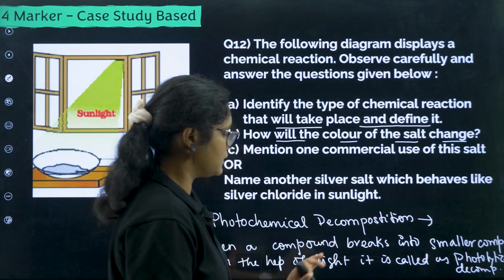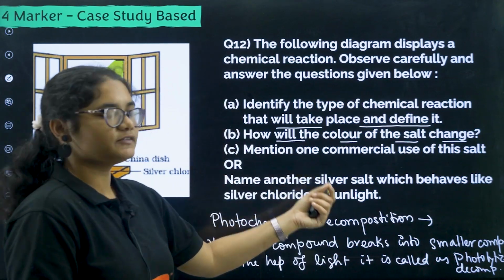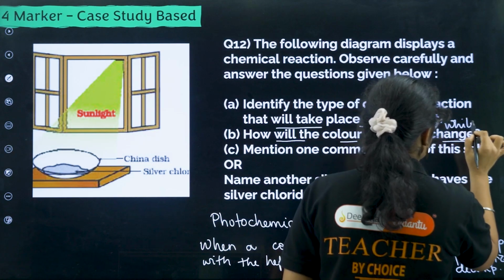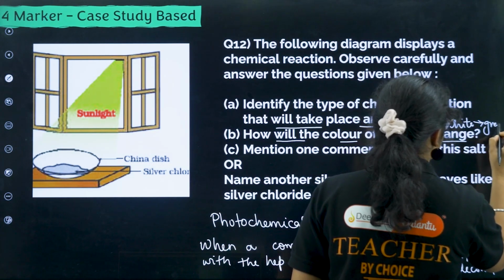Okay, photolytic decomposition. How will the color of the salt change? So the color of the salt will change from white to grey.